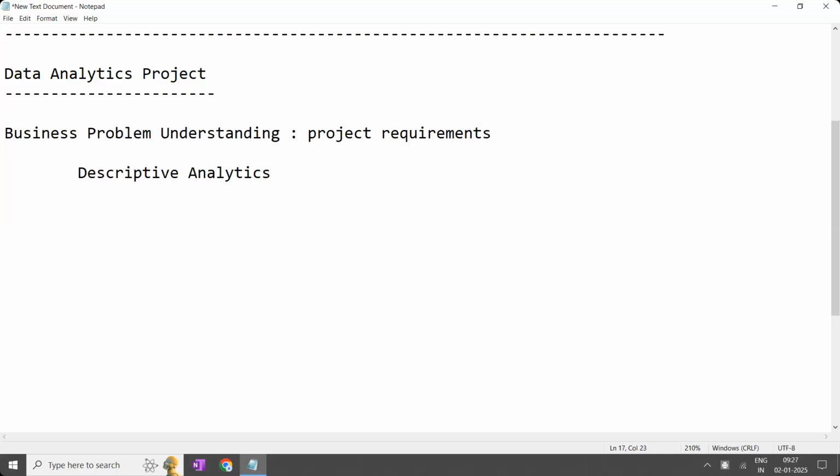In an interview, if they ask what exactly the role of a data analyst is, the answer is the same: describing the past or historical data, and from that, the observations we have made, in order to improve the business.